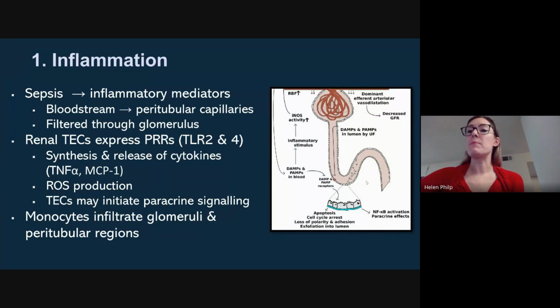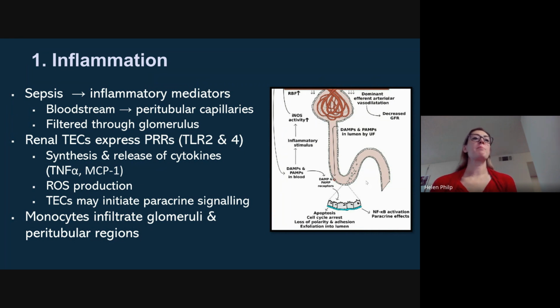And the poor old tubular epithelial cells are really under a double attack. Not only do they see all of these DAMPs and PAMPs and cytokines and other inflammatory mediators through the bloodstream via the peritubular capillaries, but they also get filtered through the glomerulus, so they're exposed to them via the tubular lumen as well.